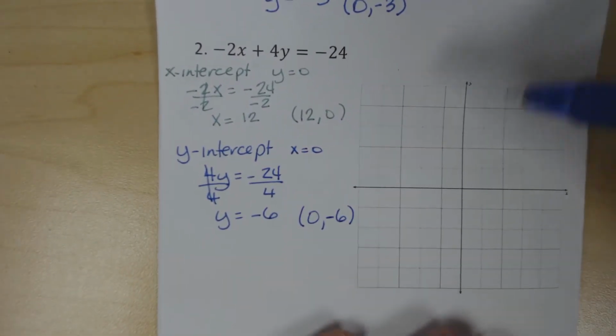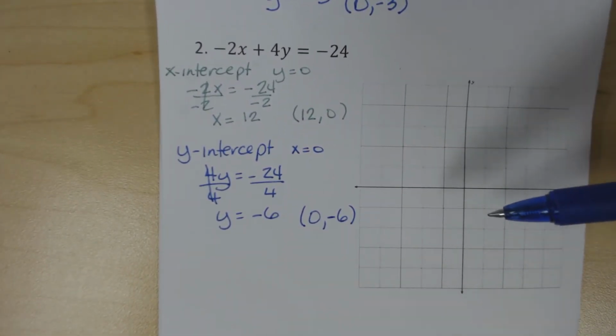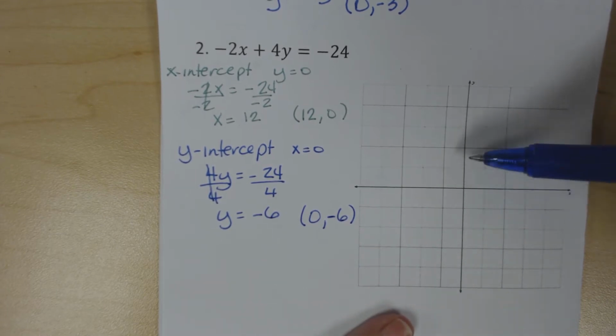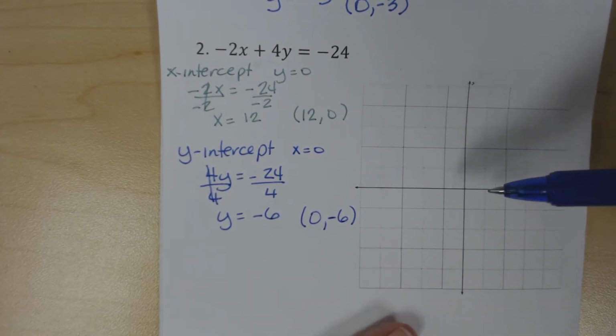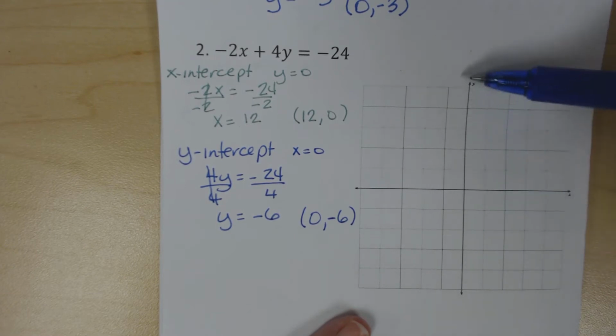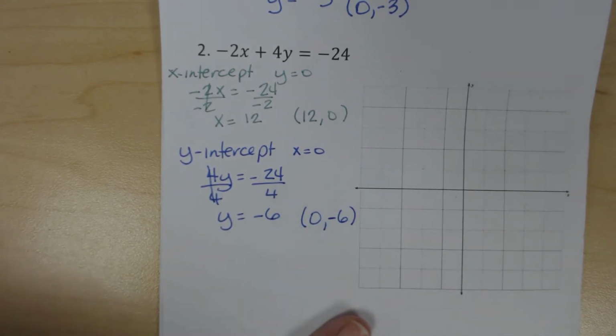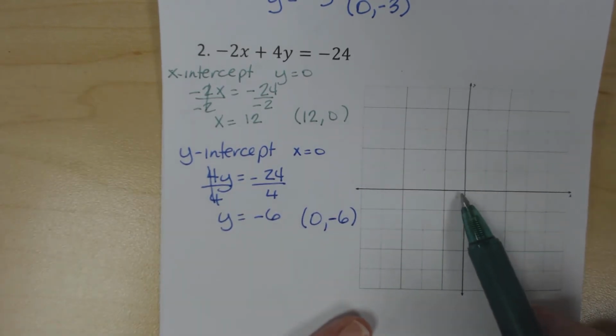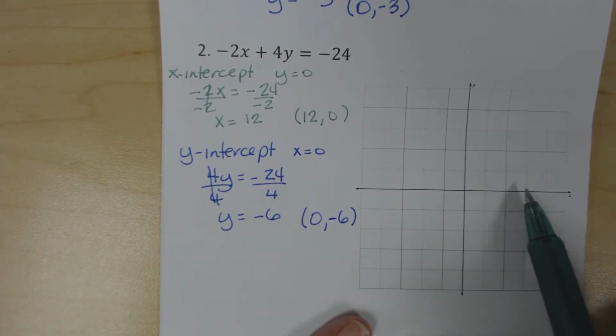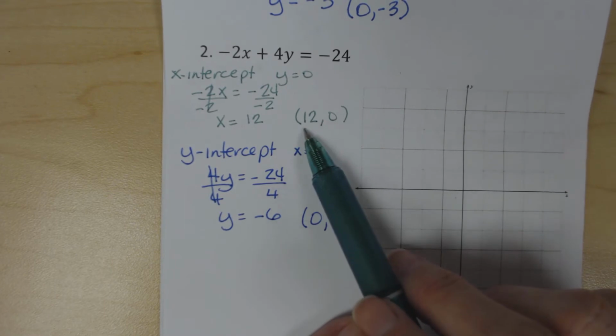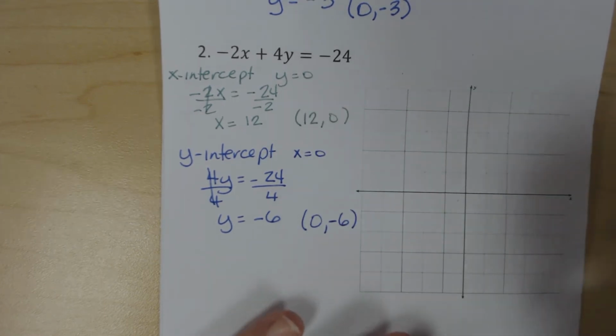Now if you notice this graph, it counts 1, 2, 3, 4, 5. If we just count by ones, we get to positive 5, negative 5, and that's not going to work. If I count by 2's on the x-axis, 2, 4, 6, 8, 10, I can't get to 12. I need to get to 12.